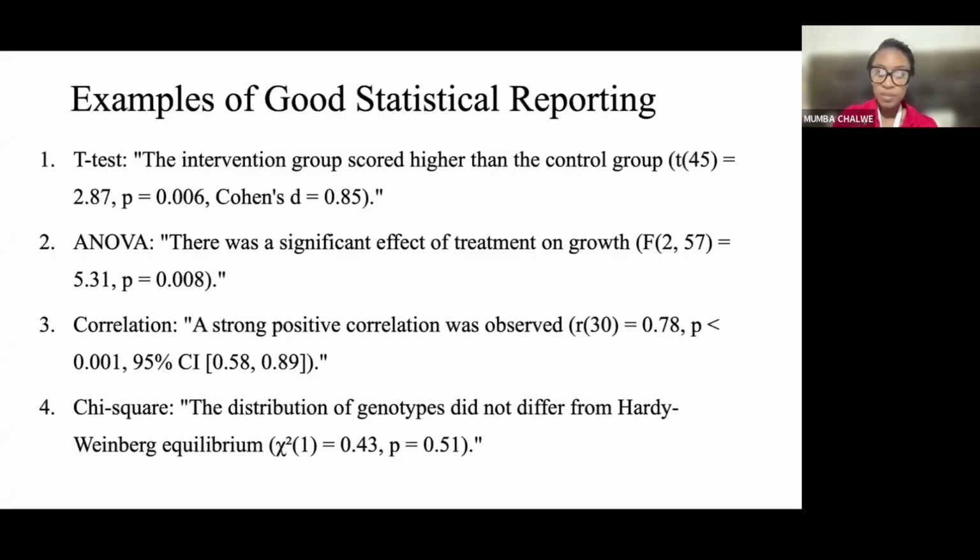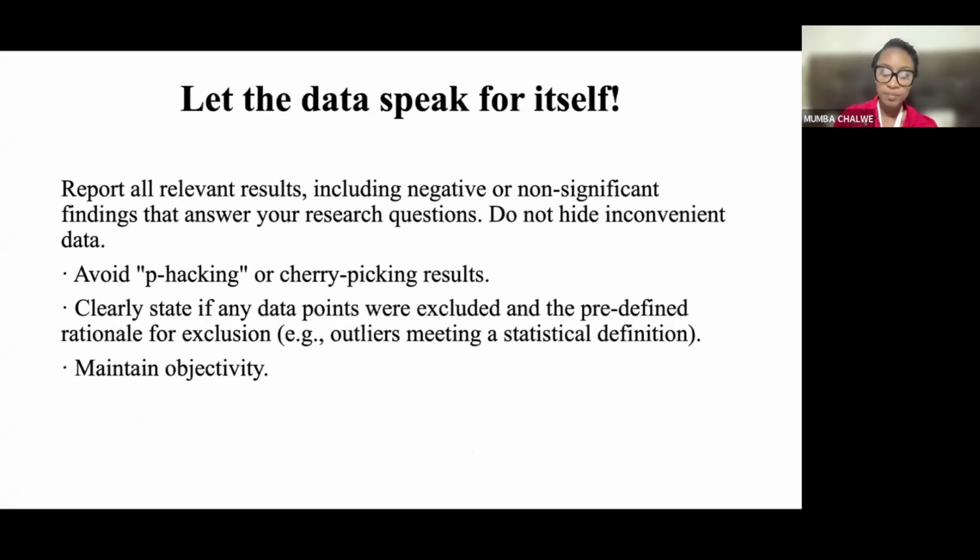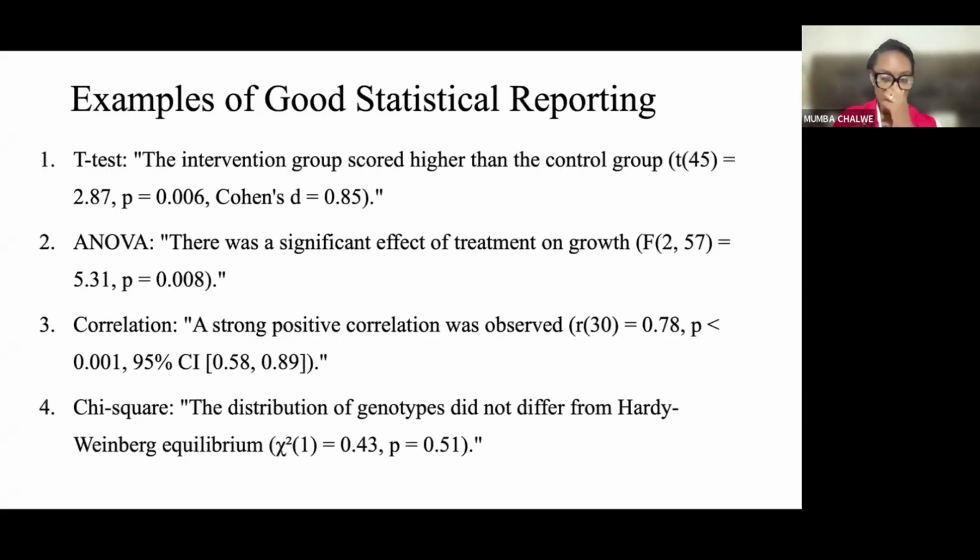I've put a couple of nice statistics. We use the t-test. For example, the t-test: the intervention group score versus the control group, and then you put your value there, your p-value, and your coefficient there.